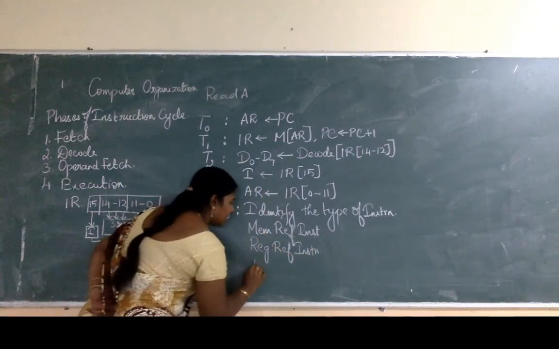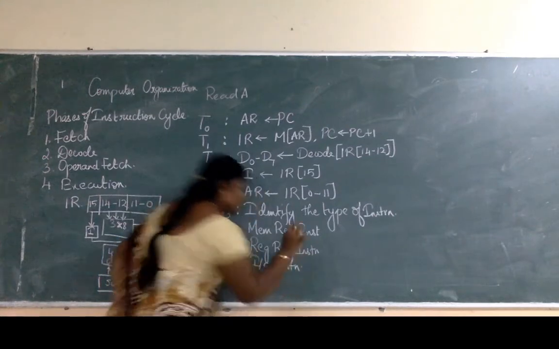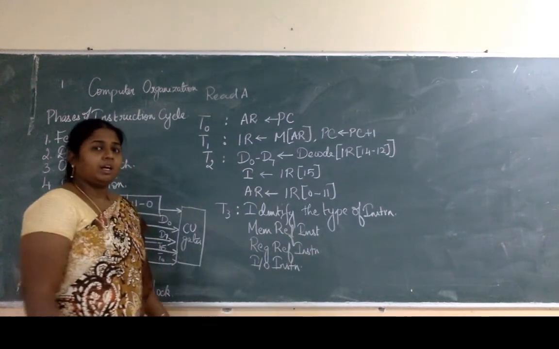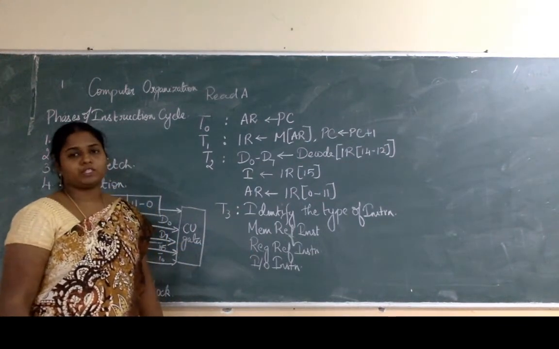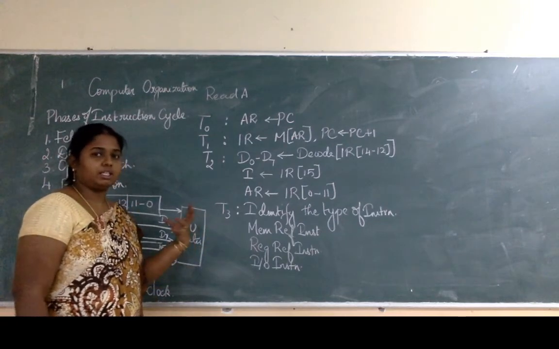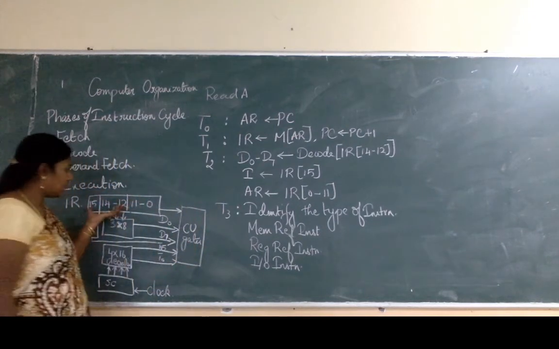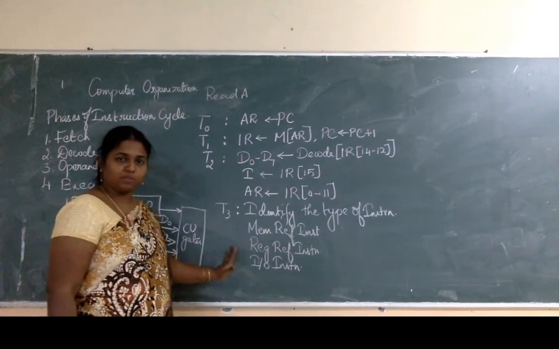And the third one is an input-output instruction. Now, to differentiate between these three types of instructions, what can I use in the instruction register to differentiate them?